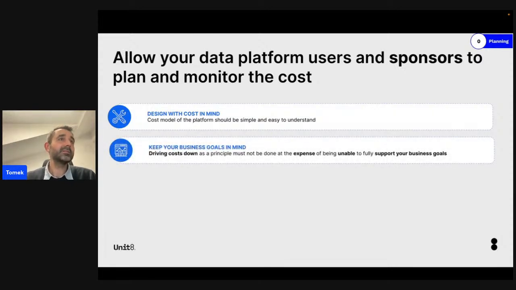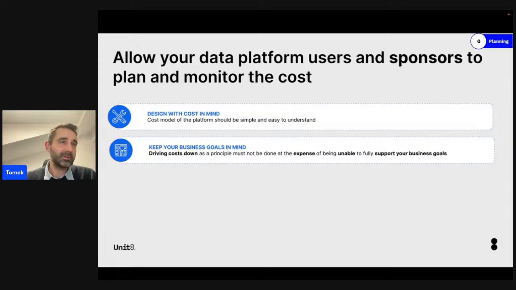But it's also about keeping your business goals in mind. So cost planning cannot be the only driver for your platform. If it's only about reducing cost, then you might as well just not build a data platform, and then you won't have any spend. But it's also about improving your business and supporting your business goals.